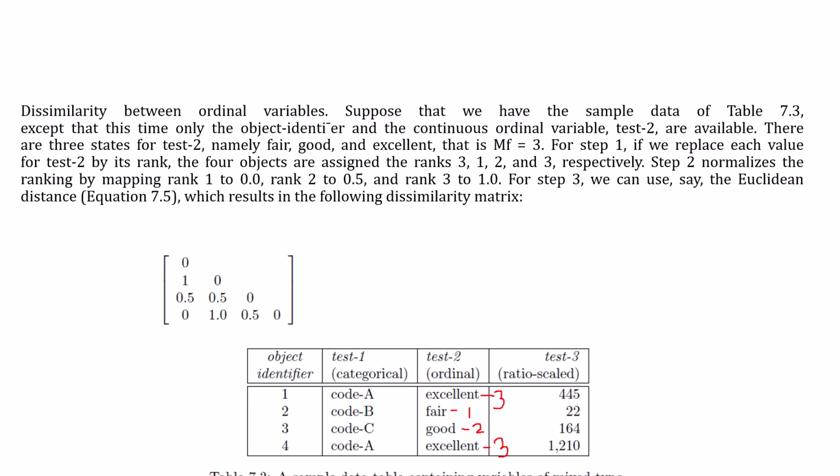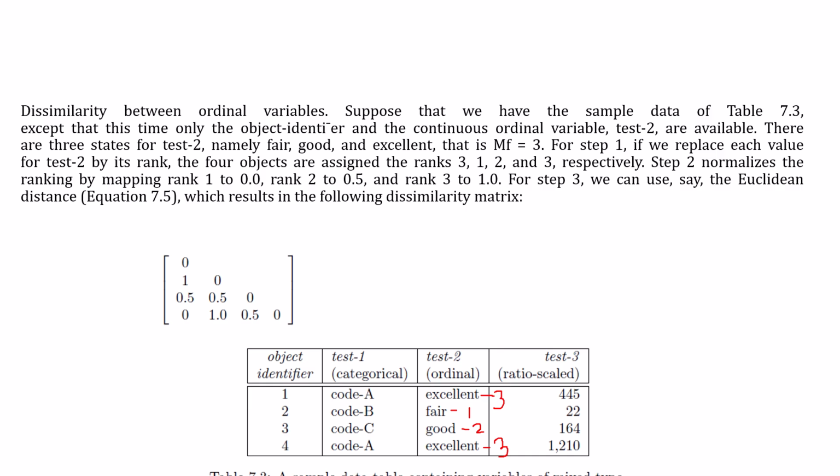For step 1, if we replace each value for test 2 by its rank, the four objects are assigned the ranks 3, 1, 2, and 3 respectively. Step 2 normalizes the ranking by mapping rank 1 to 0.0, rank 2 to 0.5, and rank 3 to 1.0. For step 3, we can use, say, Euclidean distance, which results in the following dissimilarity matrix.